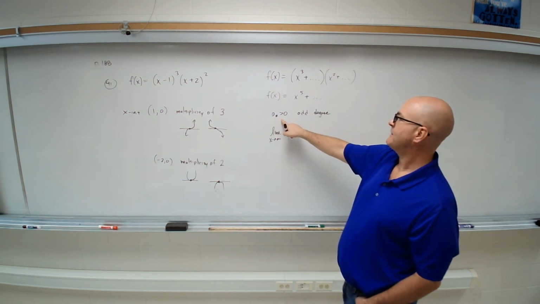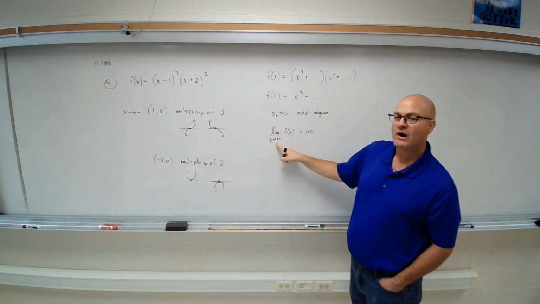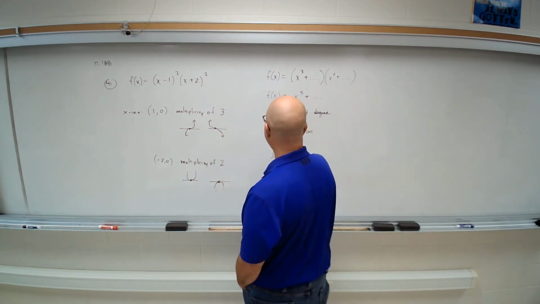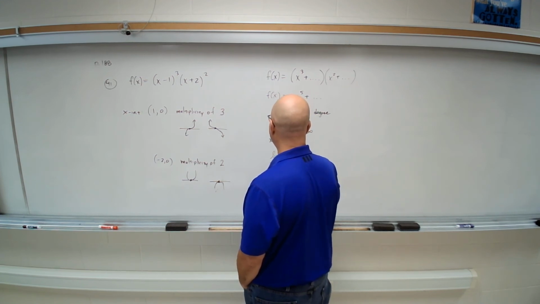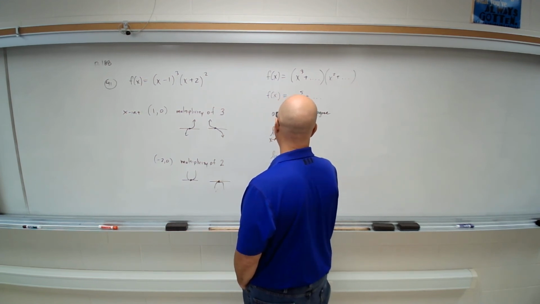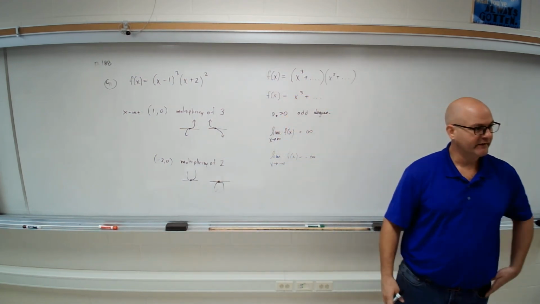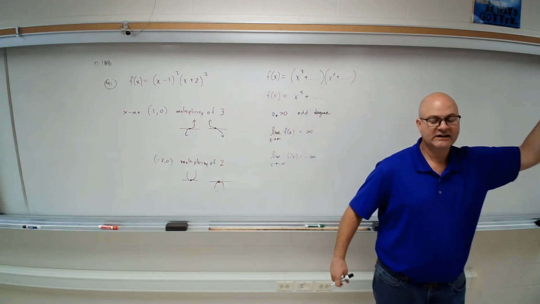So I said a sub n is greater than 0, so that would be infinity. So that means as we go right, we go up. And then we have the limit as x approaches negative infinity of f of x would give us the opposite, which would be negative infinity. So it's going to look like this. Okay, start low, finish high.